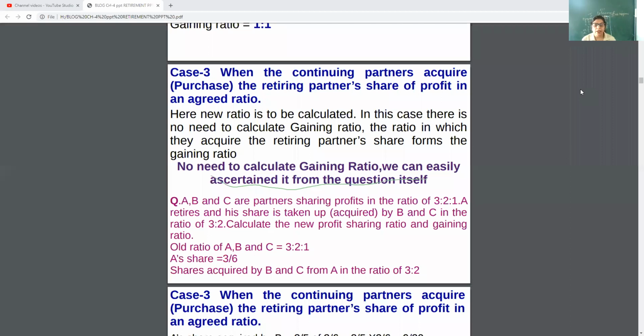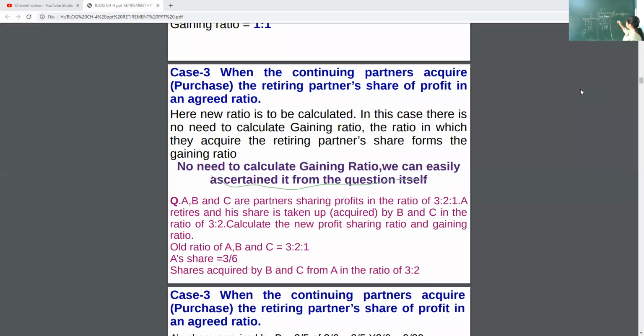A, B, C are partners in the ratio 3:2:1, and A retires and his share is taken up by B and C in the ratio of 3:2. Calculate the new profit ratio and gaining ratio. See, it's very easy.